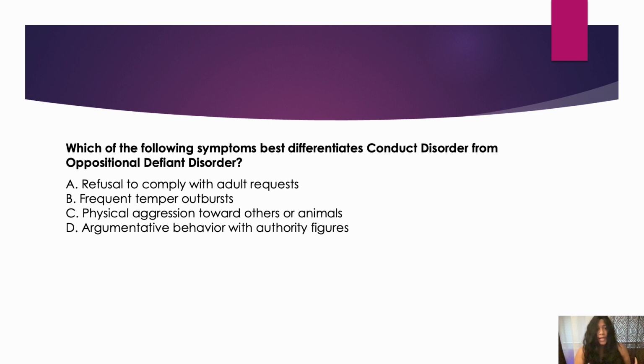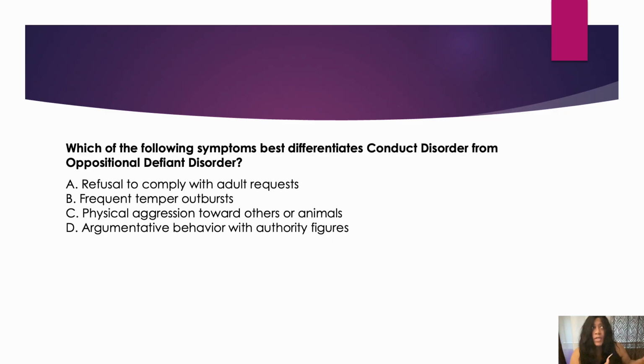No, it's not. But let's take a look at D. Argumentative behavior with authority figures. Is that both conduct disorder and oppositional defiant disorder? Yes. So the difference between conduct disorder and oppositional defiant disorder is physical aggression towards others or animals. Physical aggression towards others or animals only comes with conduct disorder. You do not see that in oppositional defiant disorder.